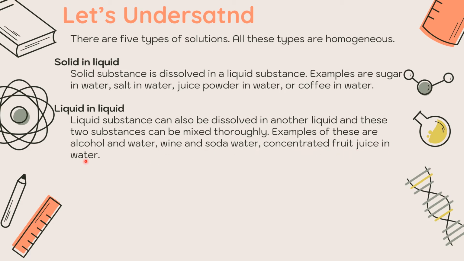All of these substances are liquid. Alcohol is liquid, water is liquid, wine and soda water is of course liquid, and fruit juice in water are liquid. So we have here liquid dissolved in another liquid.